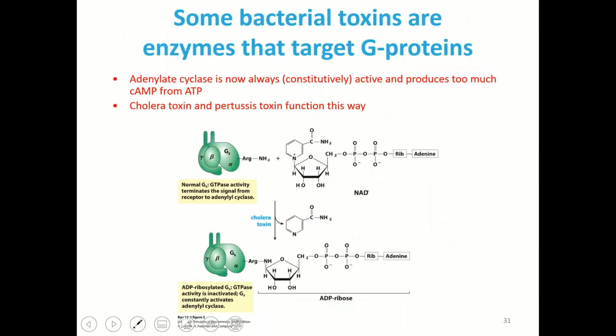Some bacterial toxins are enzymes that target G proteins. Examples are cholera and whooping cough toxins.